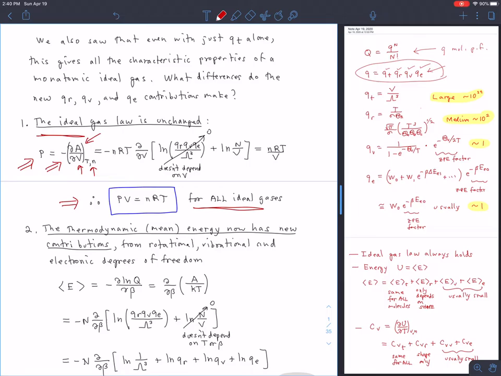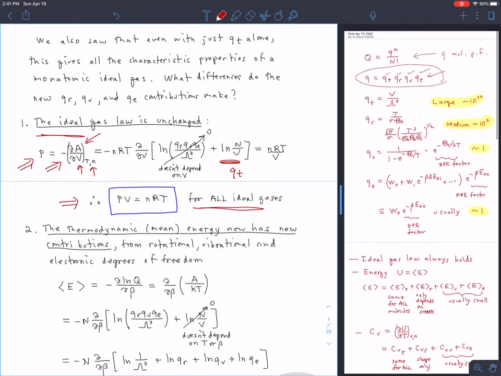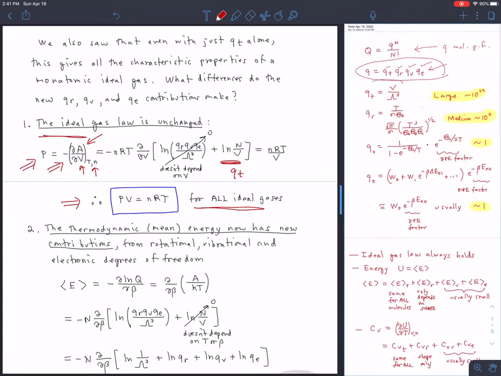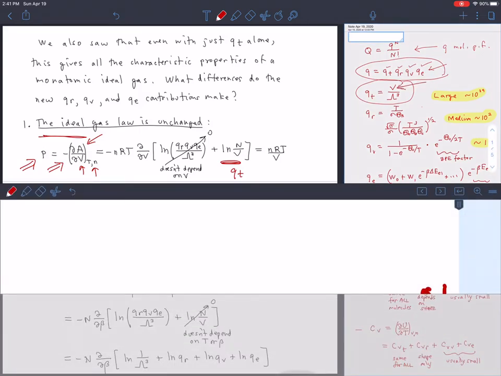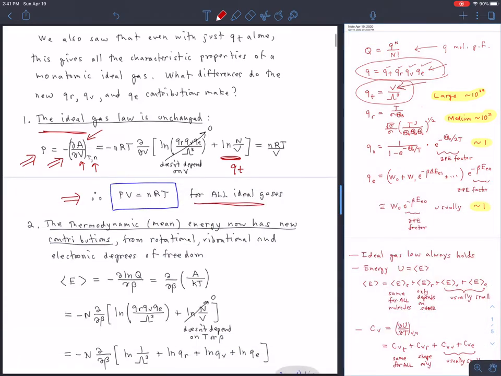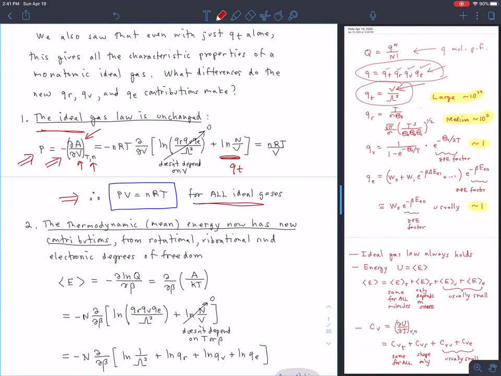It's really just a reflection of the translational partition function. This term here comes from the translational partition function, and that's the only term that contributes. And so this V that we're seeing over here in the translational partition function is the origin of the ideal gas law that we're seeing over here. And that's the only thing that contributes. It's a pure translational effect.